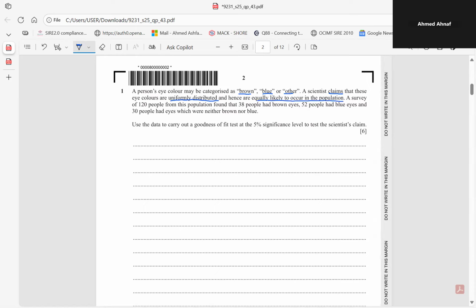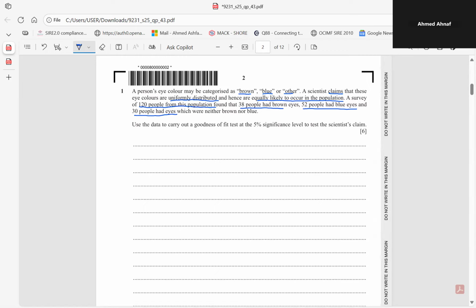So what that means is that the expected frequency of each of these eye colors is 1/3. After that, we're told that a survey of 120 people from this population found that 38 people had brown eyes, 52 people had blue eyes, and 30 people had other.